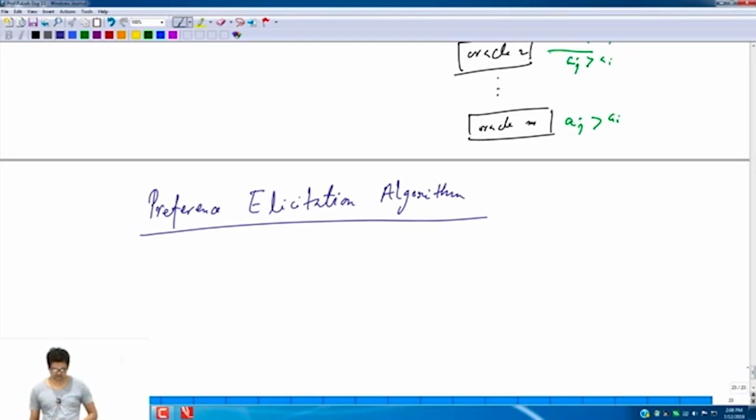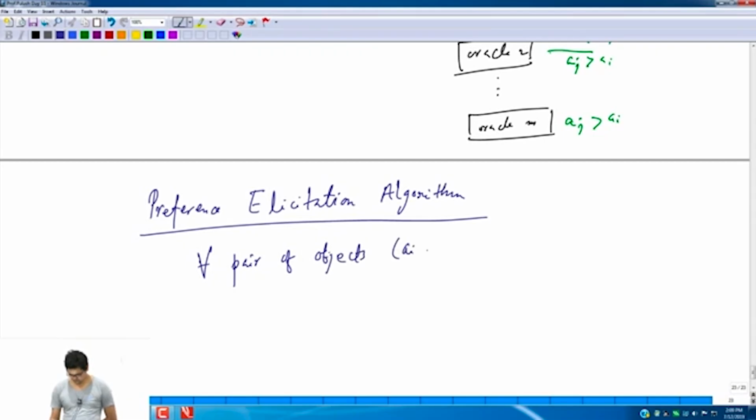What is it? It's very simple. For all pairs of objects AI, AJ, find the crossover point by binary search.